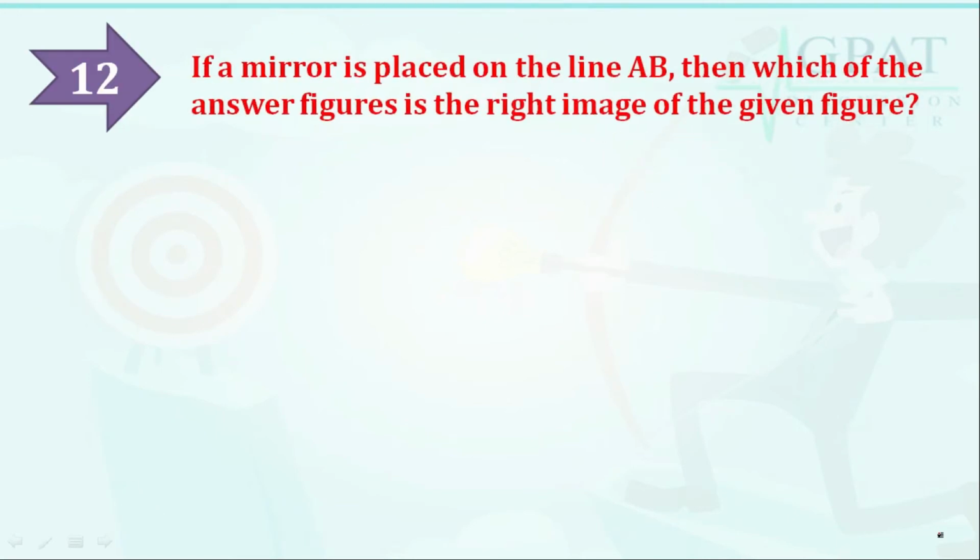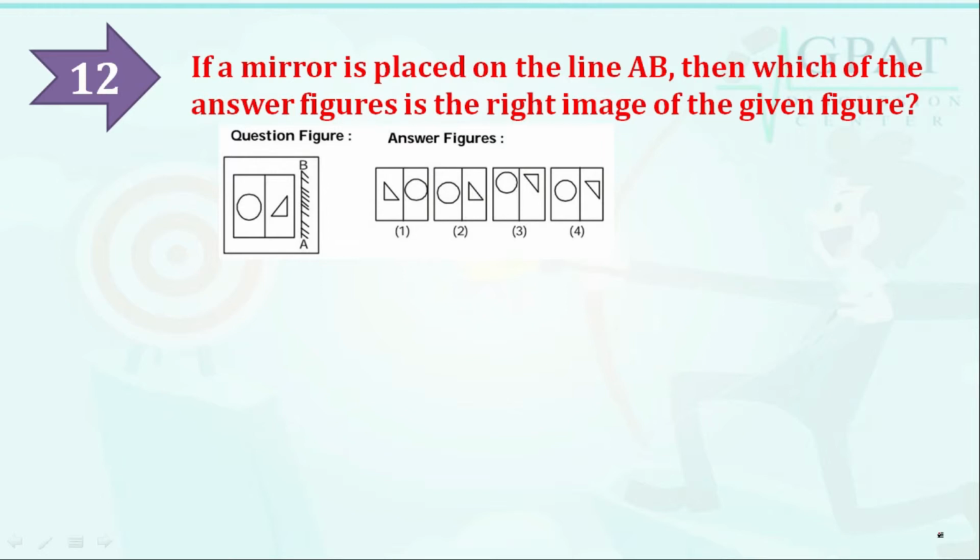Moving on to the next question: if a mirror is placed on the line AB, then which of the answer figures is the right image of the given figure? The options are, here we have the figure, option A is 1, option B is 2, option C is 3, option D is 4. So which is the correct one?